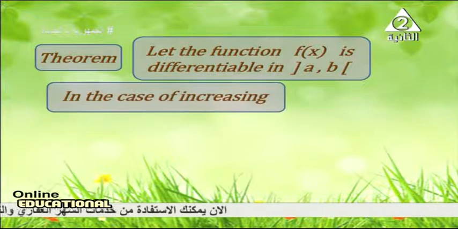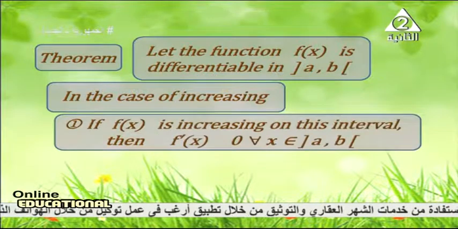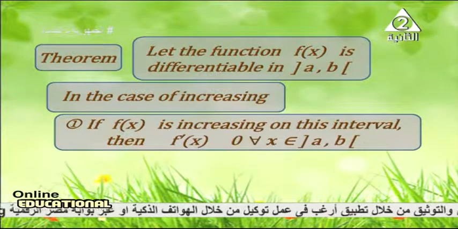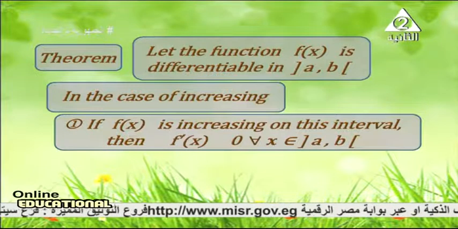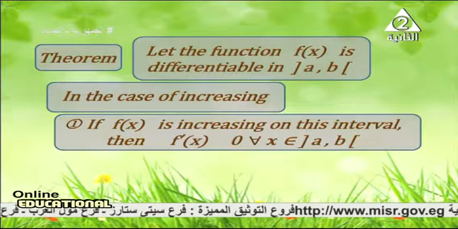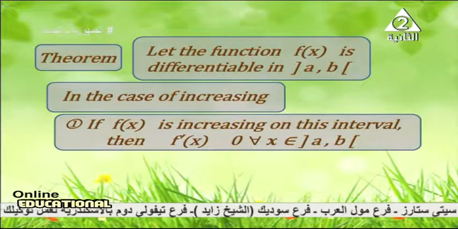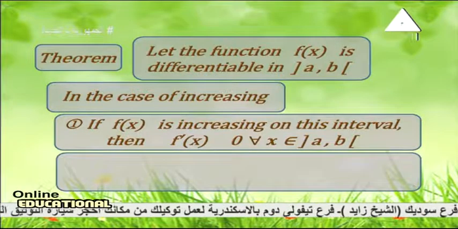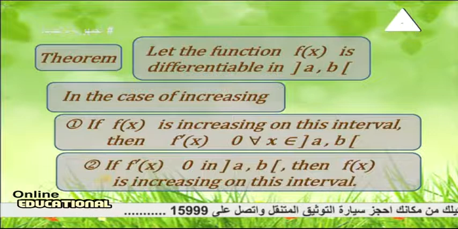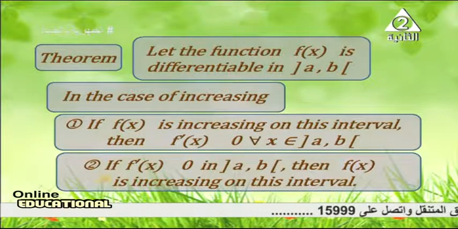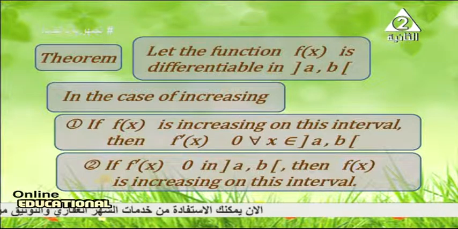In the case of increasing, number one, if f of x is increasing on this interval, then f dash x is bigger than 0 for all x belonging to the open interval a and b. Number two, if f dash x is bigger than 0 in the open interval a and b, then f of x is increasing on this interval.